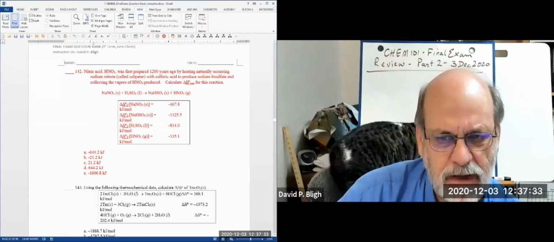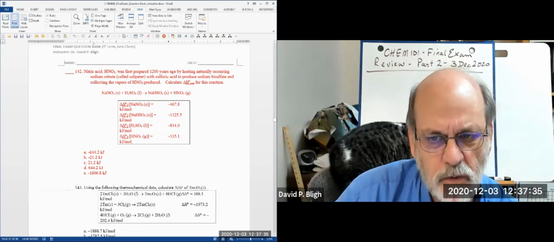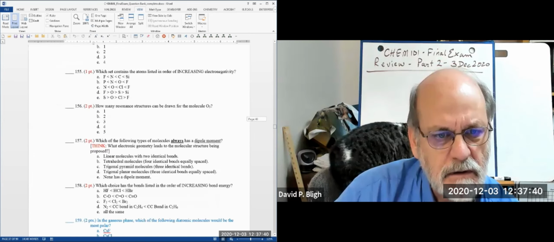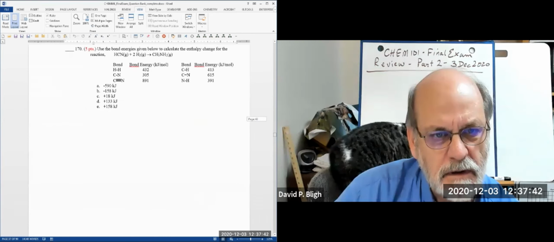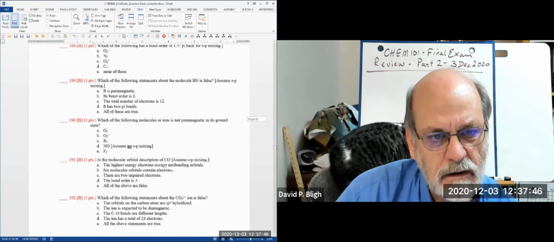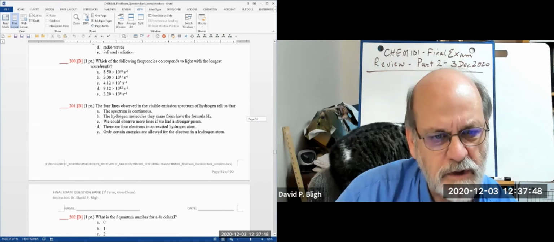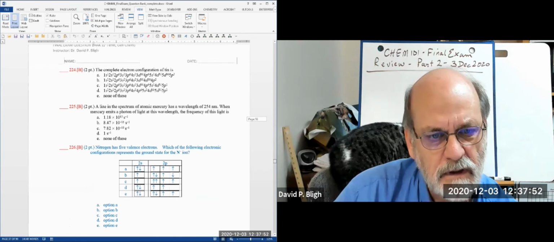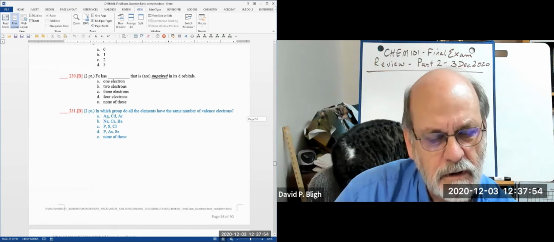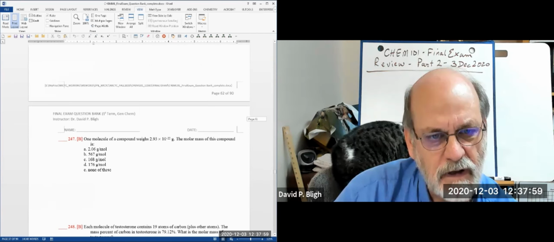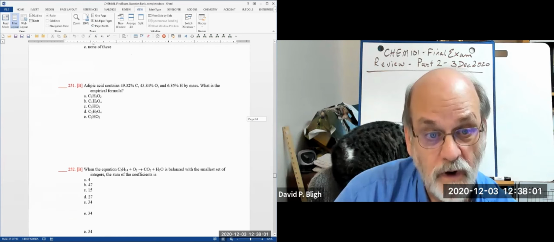Let me check for something. I want to be sure and get to one balancing equations. Let me see if I can spot it. I don't want to waste too much time, but I do want to get this one problem covered because it incorporates lots of things in one question.